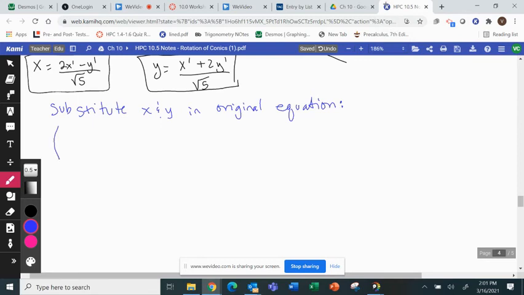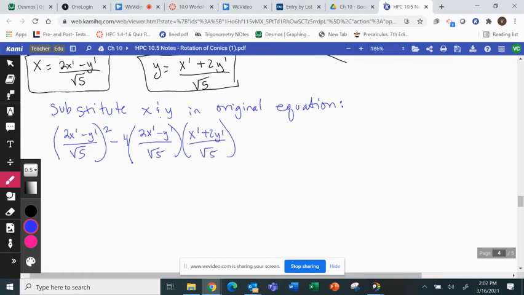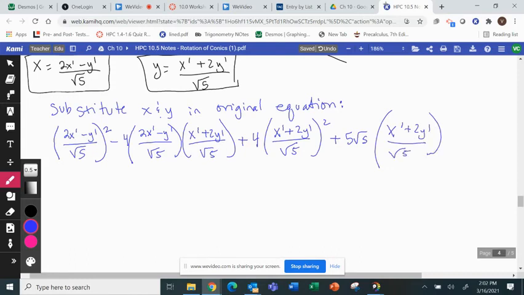So I'm going to have 2x prime minus y prime over square root 5 squared minus 4 times 2x prime minus y prime over square root 5 times x prime plus 2y prime over square root 5 plus 4 times x prime plus 2y prime over square root 5 squared plus 5 square root 5 times x prime plus 2y prime over square root 5 plus 1 equals 0.